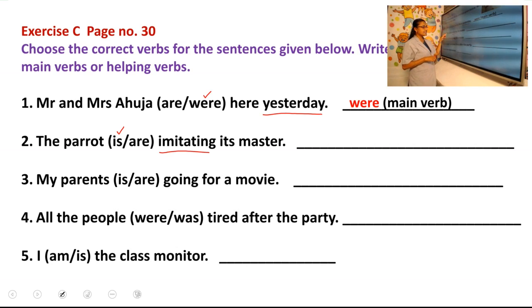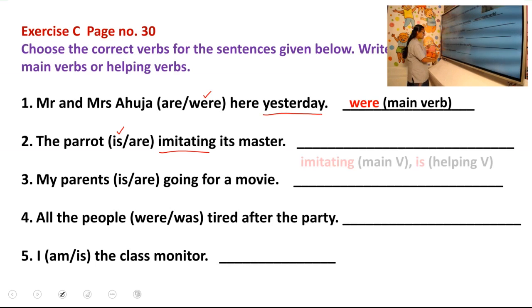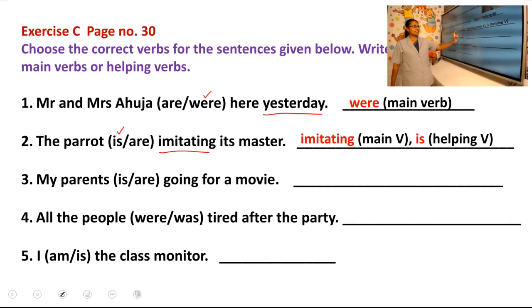So is is the helping verb. Clear? So in this sentence, the verb is is imitating and there is acts as the helping verb and the main verb is imitating. So what is the answer, children? Imitating, that is the main verb, and is acts as the helping verb. Clear?